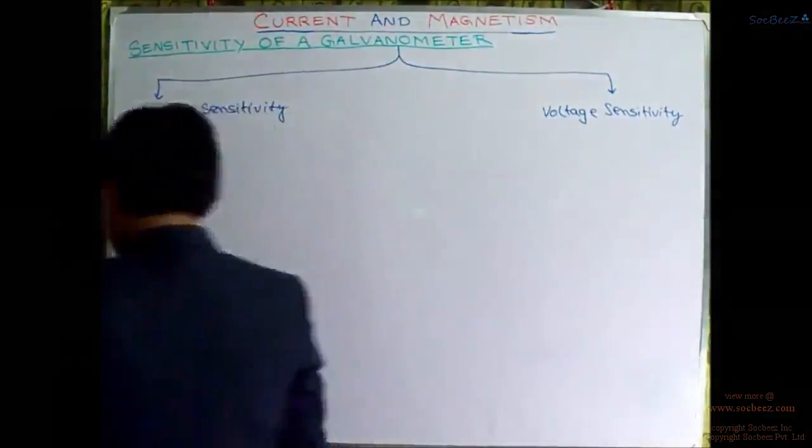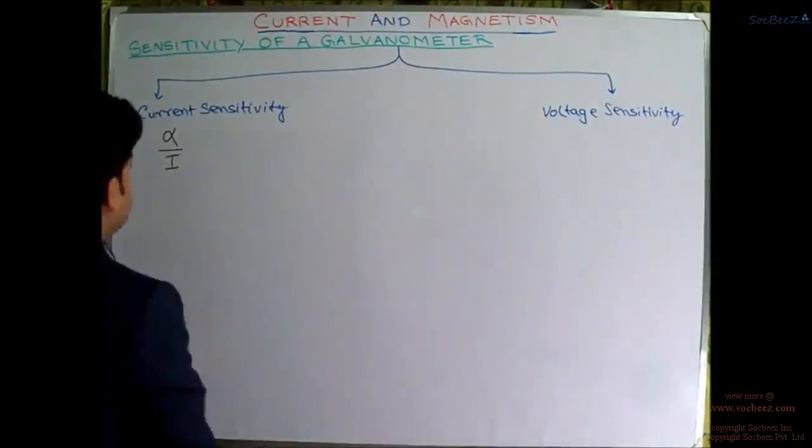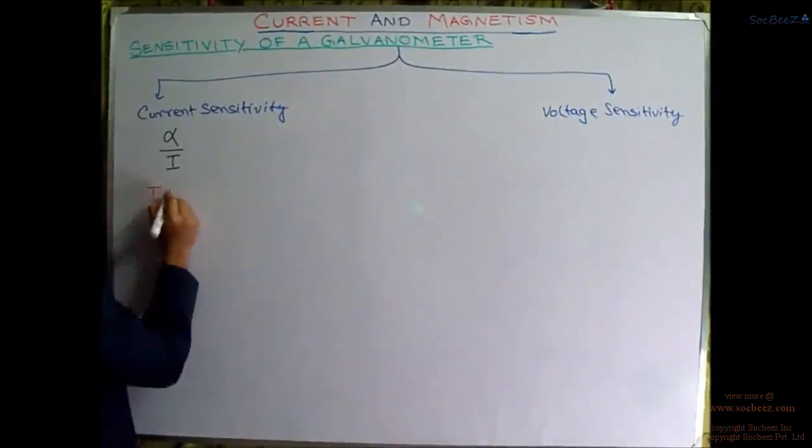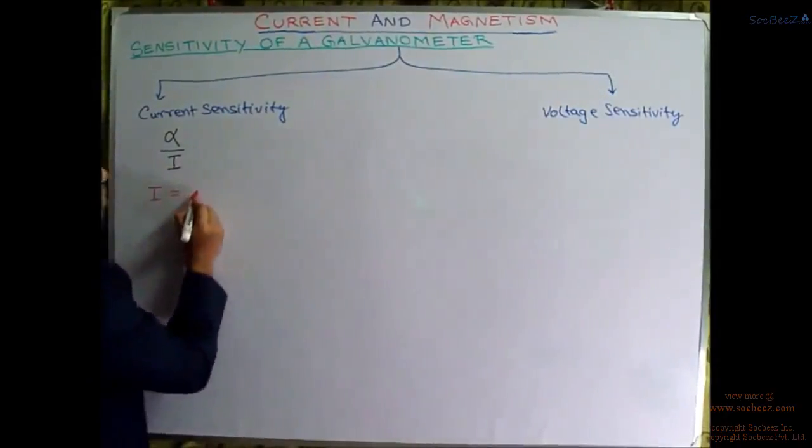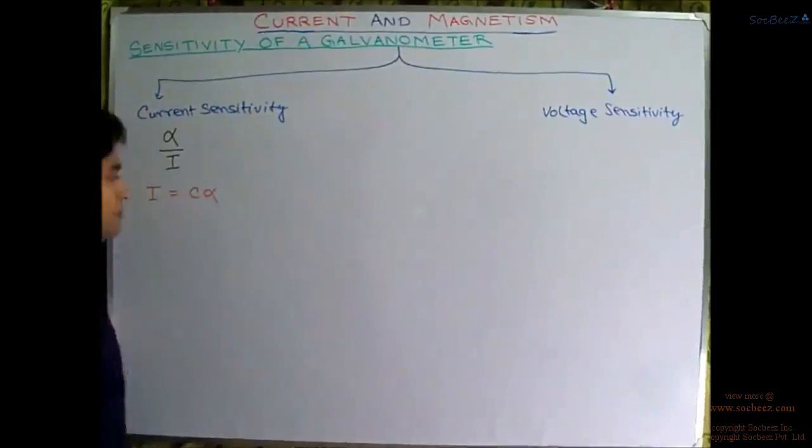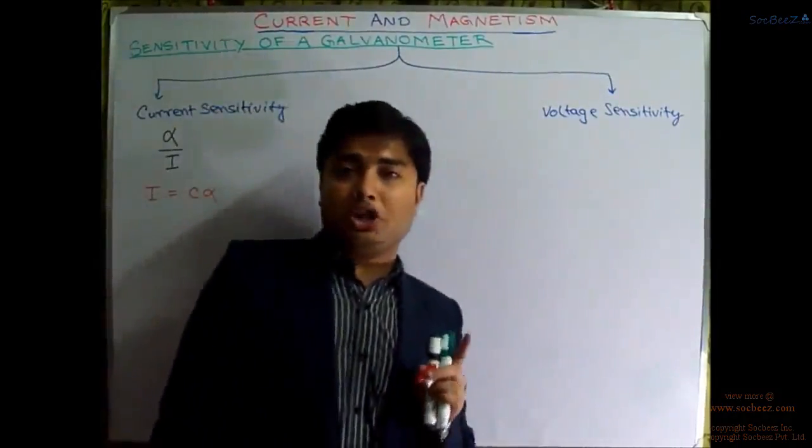Now, as we have seen in the previous lecture, I was equal to C alpha, where C was the constant.